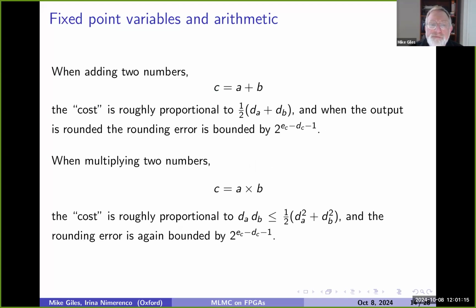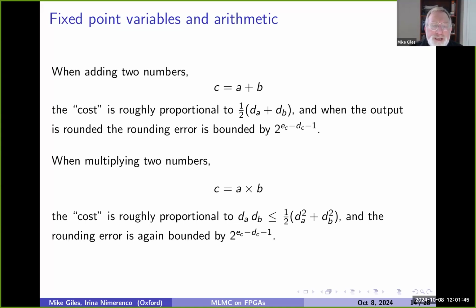Okay. And then when we're multiplying two numbers, a times b, the cost is roughly proportional to the product of their lengths. And again, if you think of the way that you perform multiplication manually, so write out the whole long laborious way you learned to do it in primary school, hopefully again that's sort of intuitively natural.